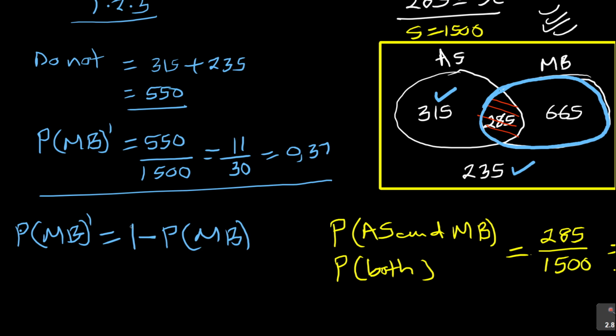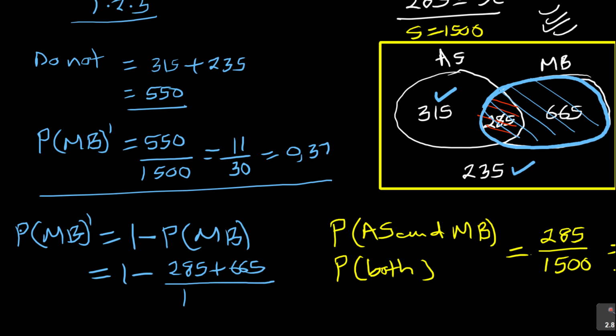Remember, total probability is 1, which is equal to 1 minus. Now, what is the probability of banking with MB? MB, as you can see, this is our MB, which is 285 plus 665 of our sample space. Don't forget our sample space.